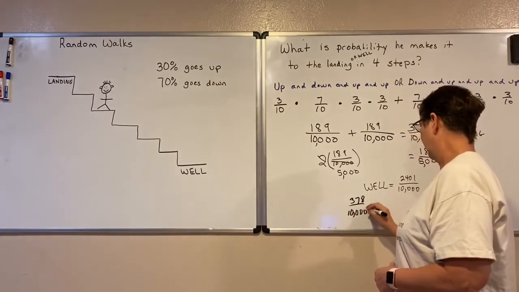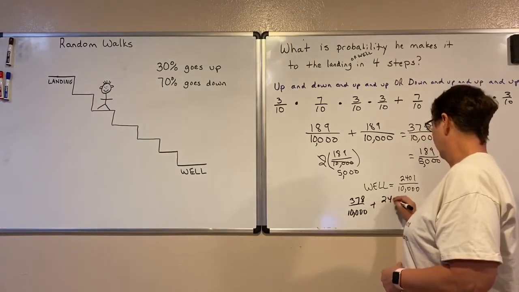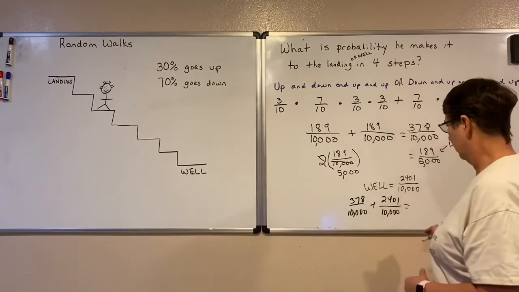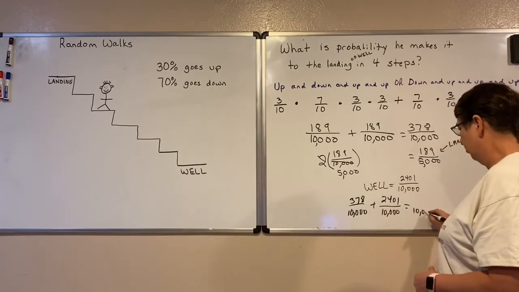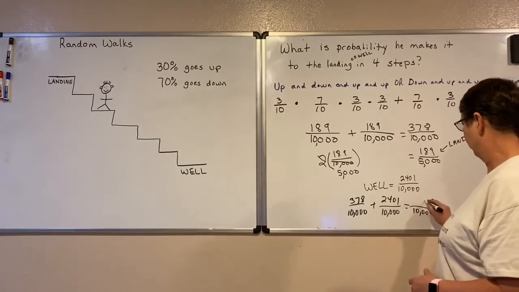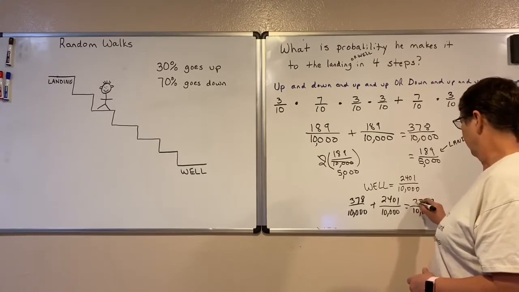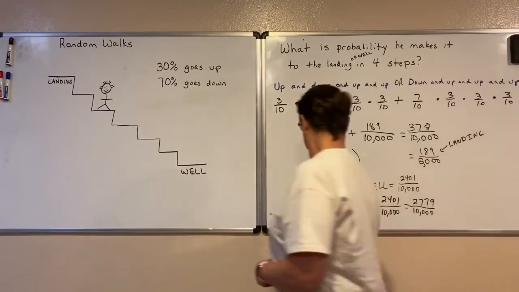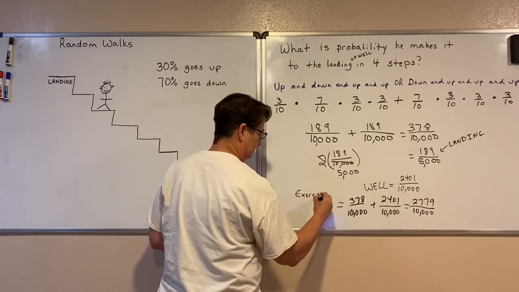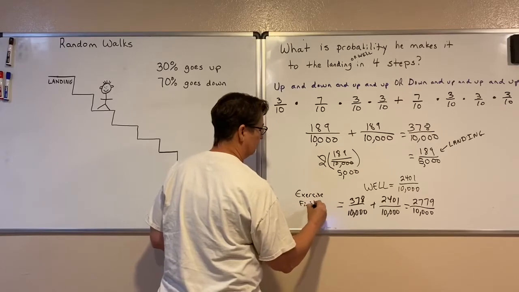So there's our landing plus our well. You keep your denominator when you're adding fractions, and then you just add your numerators. So there's the probability that his exercise is finished in 4 steps.